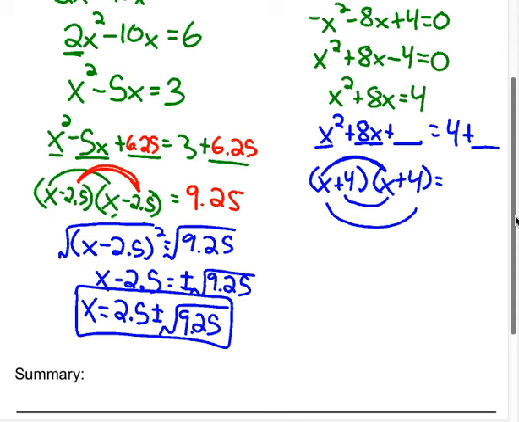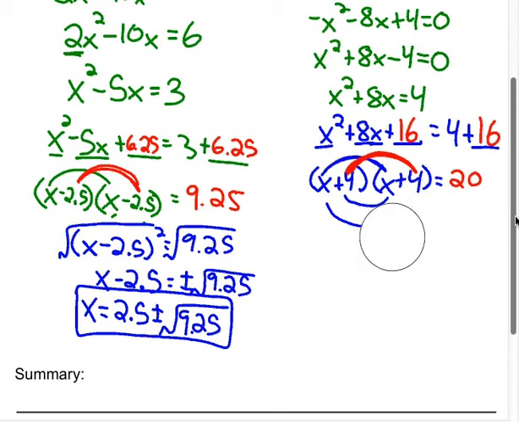Because we need two of the same thing, so it splits itself up evenly between them. And then finally, that final connection right there, that 4 times 4, that gives me the number that I had to add to both sides to make all of this possible. Okay, so that means I'm going to get a 20 over here.